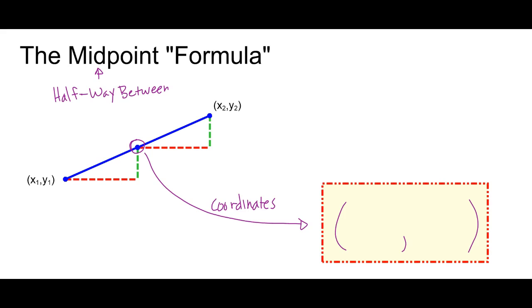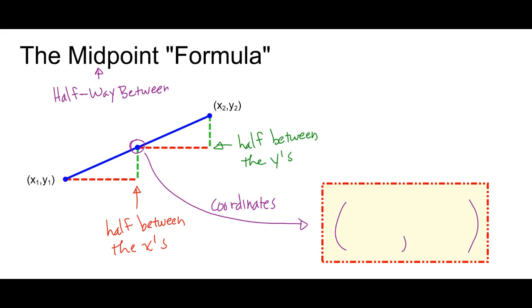So what that means is the x-coordinate has to be halfway in between. So this will be half between the x's. And the same thing for the y-coordinate. This y-coordinate here will be half between the y's. And here's the thing.